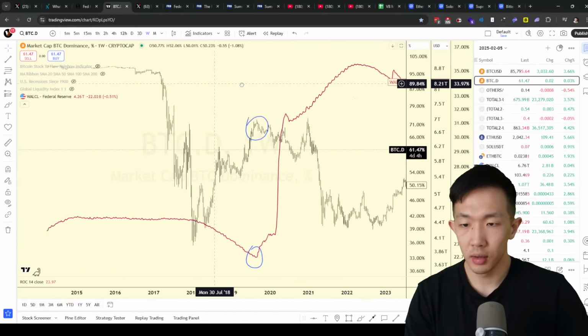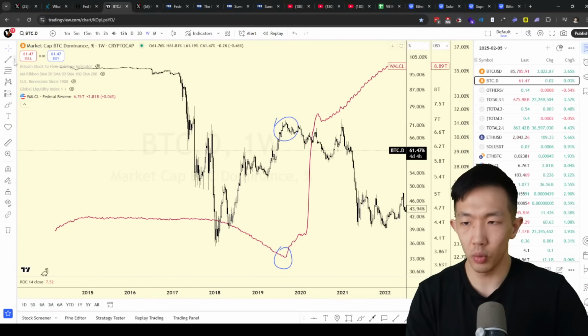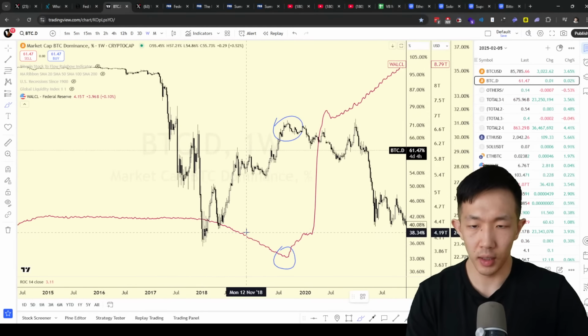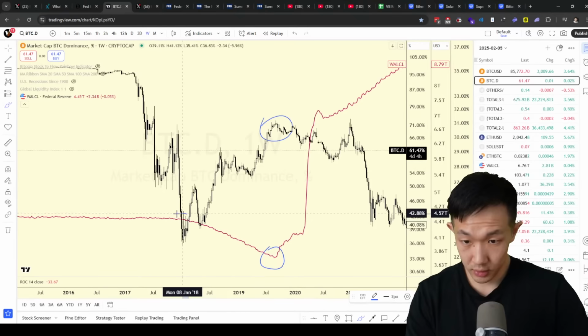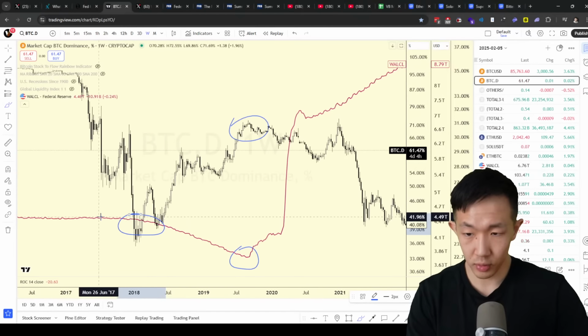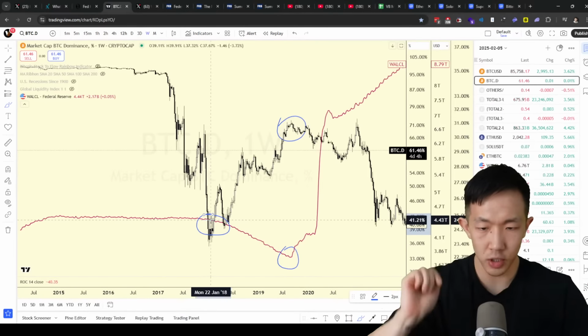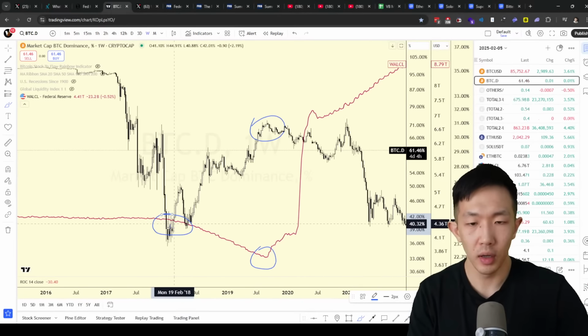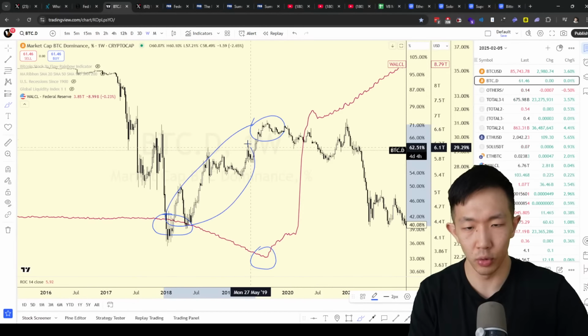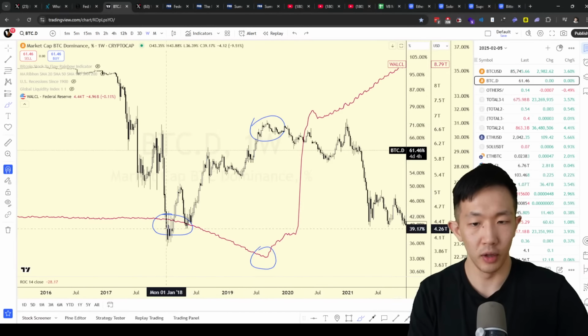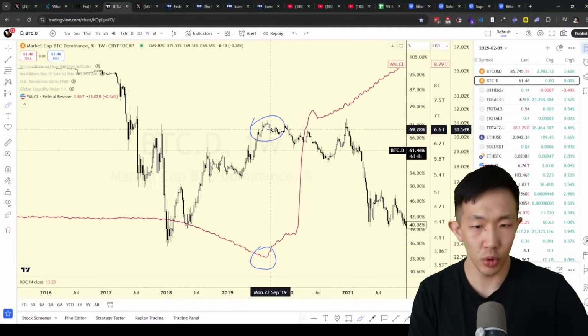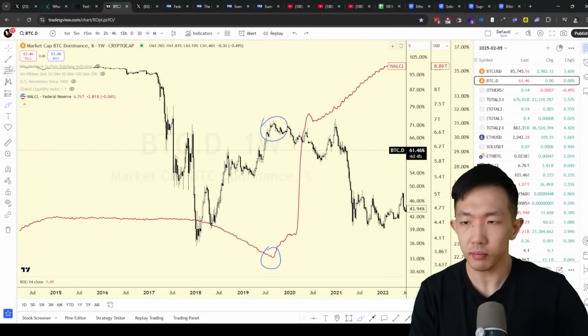And a bit similar back here as well. When the Fed balance sheet made the pivot to go from neutral to reduction, that was the end of the altcoin bull market and led to the rise of Bitcoin dominance in the altcoin bear market from 2018 to 2019.